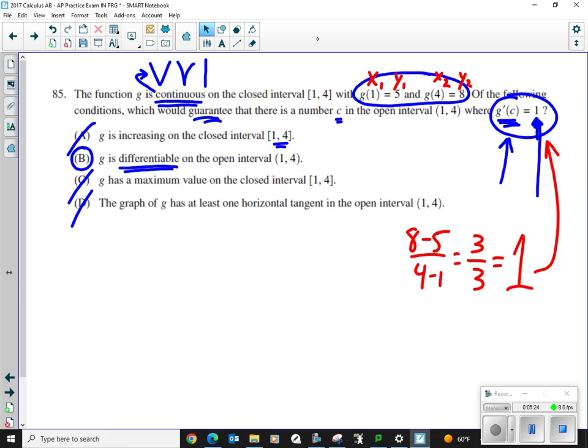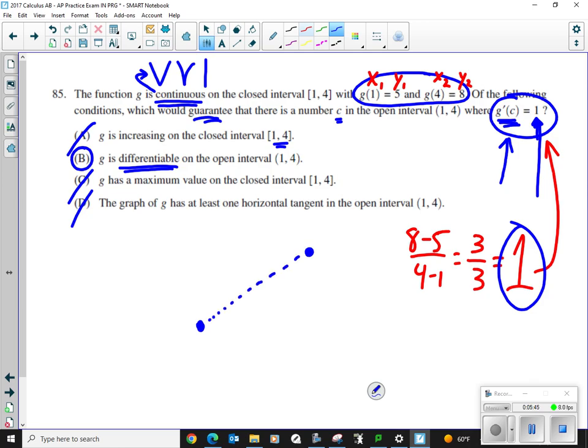It's one of those theorems, intermediate value theorem, something like that. I don't know. But if the slope between my 2 points is 1, and this is where the answer comes clear, let's say I have 2 lines right here, and let's say that slope is 1.